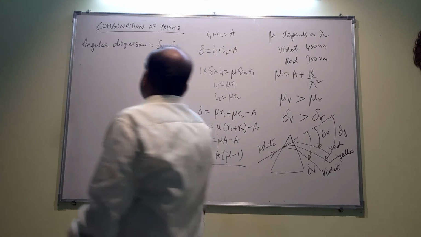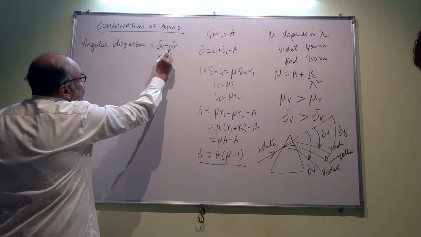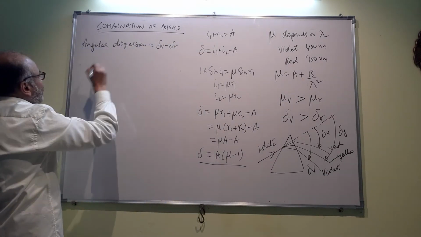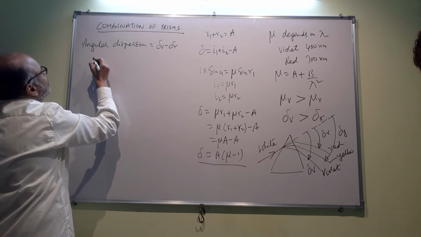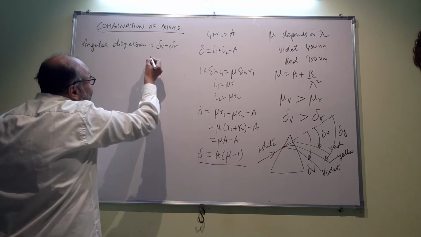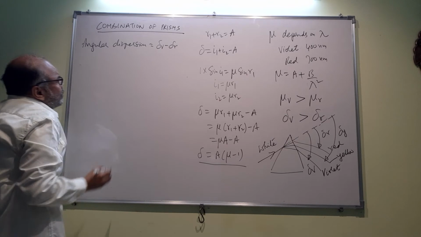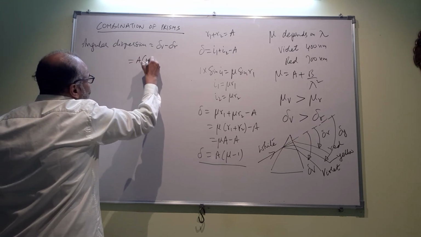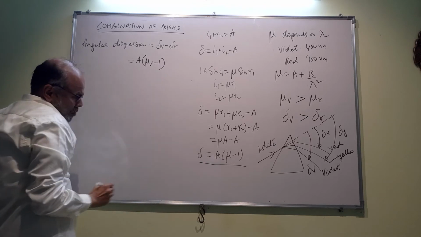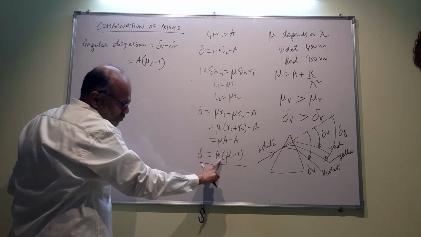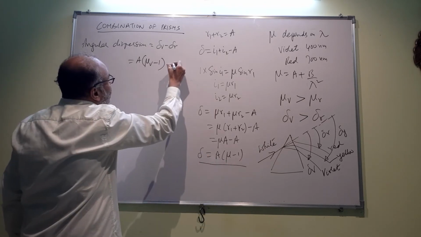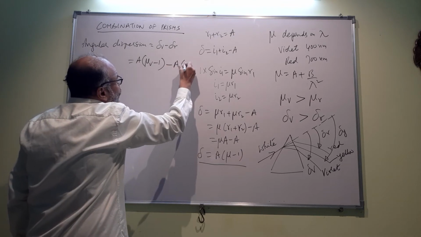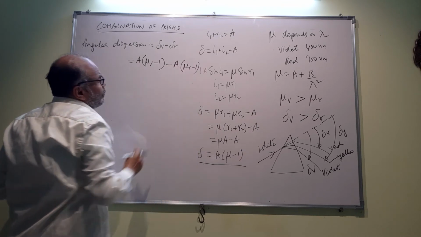So we say the angular dispersion is del V minus del R, and you can write del V as A into mu V minus 1 by using this formula. Delta is equal to A into mu V minus 1 minus A into mu R minus 1.